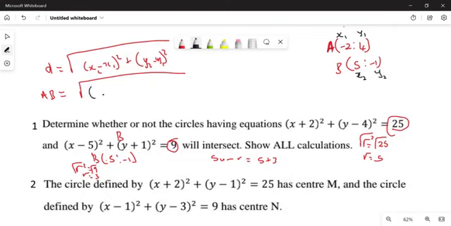Now, based on what we just chose here, you substitute. What is going to be our x2? Then we're going to say this is 5 minus open bracket. Again, this negative comes from here. So you have minus open bracket. What is going to be our x1? Then you're going to have minus 2, close bracket.